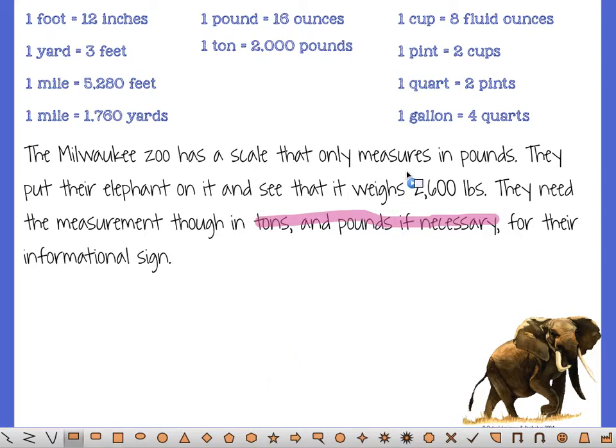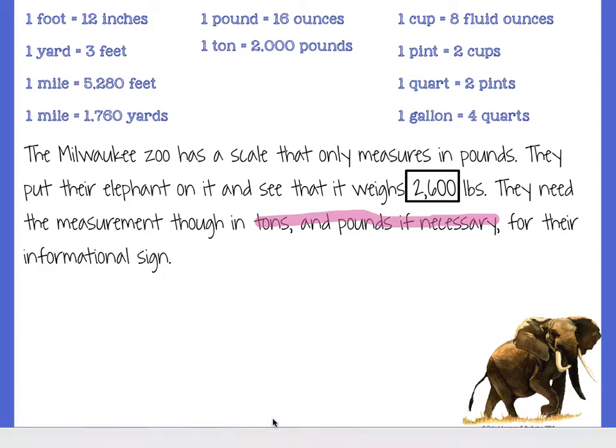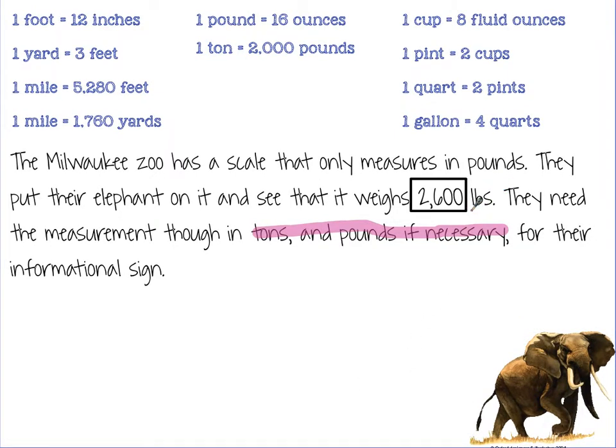So let's try that again. There we go. So 2,600. And we also know that we're starting with pounds and going to tons and pounds if necessary.